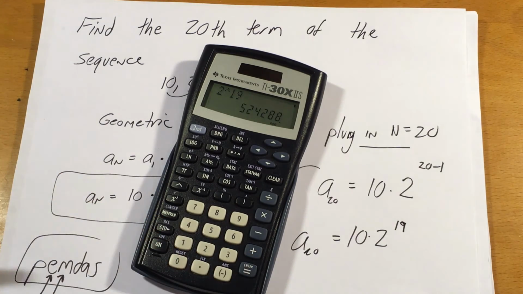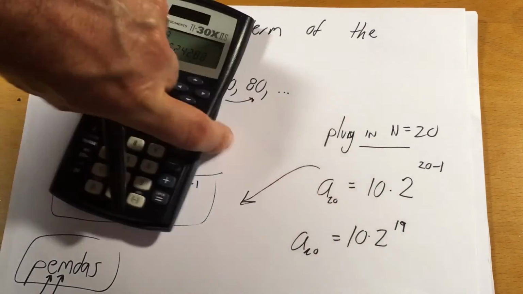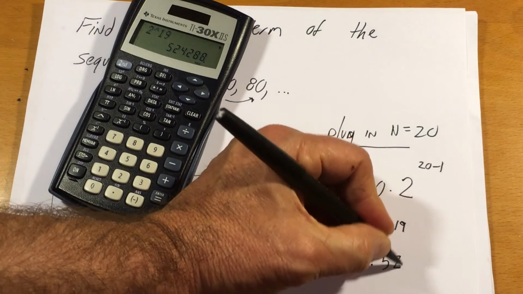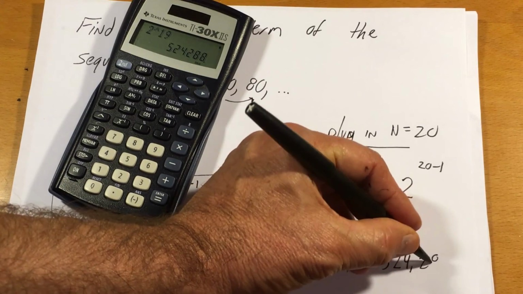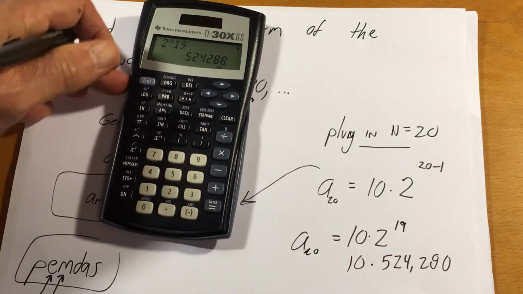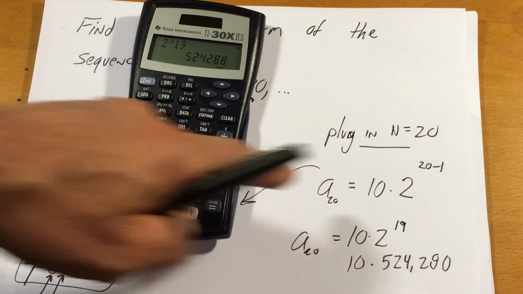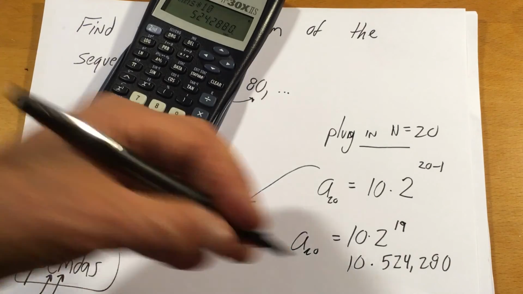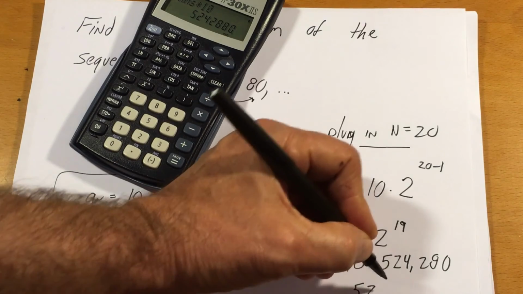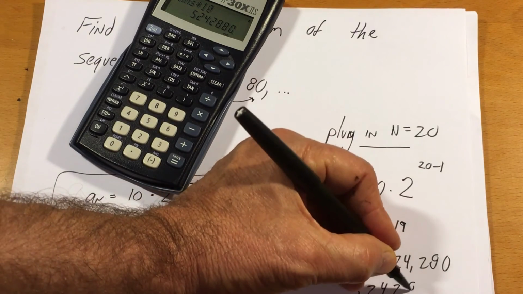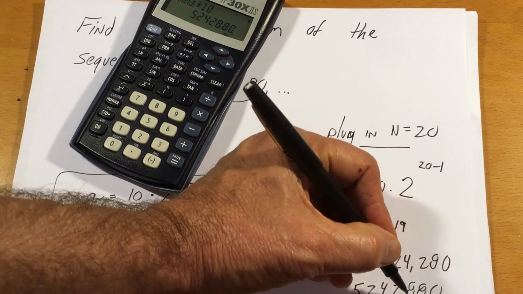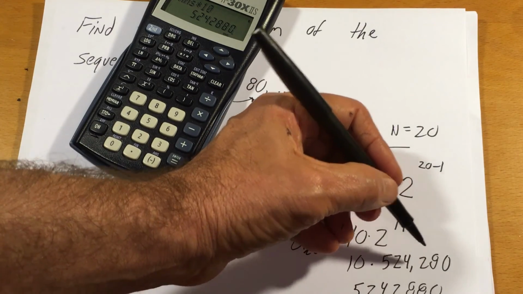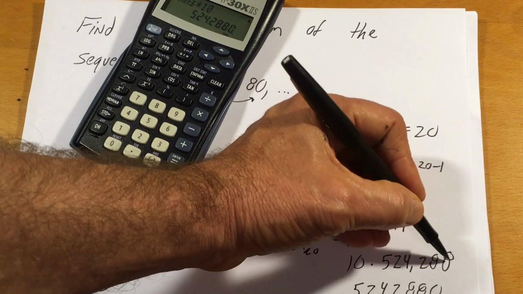Hit equal. And that's going to be a huge number. So 2 to the 19th is 524,288. Then after you do it to the 19th, you're going to multiply it by 10. And your final answer is going to be 5,242,880.